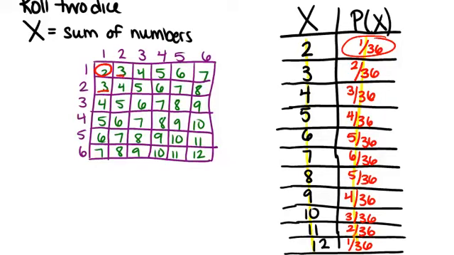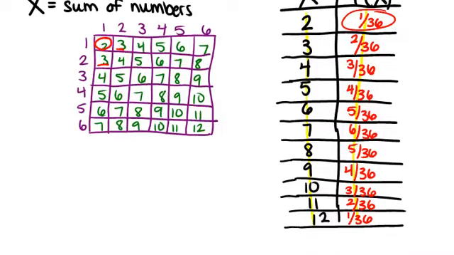Now, one thing to keep in mind is once you've made a probability distribution, you should notice that the sum of all the probabilities will always be 1. That's because if you've accounted for all the possible values of the variable, then the probability that it will be one of those things has to be 100%. So the sum will always be 1 or 100%.